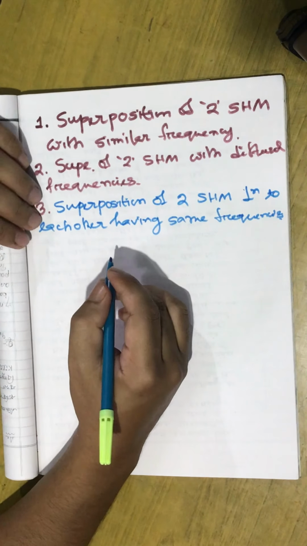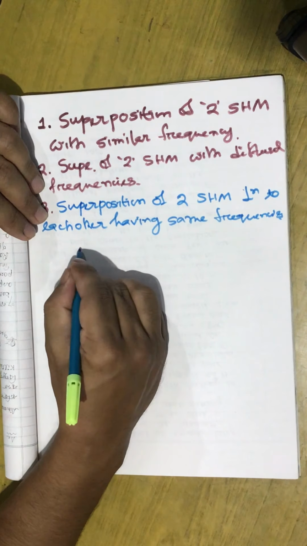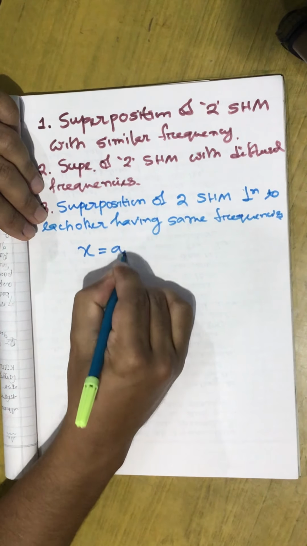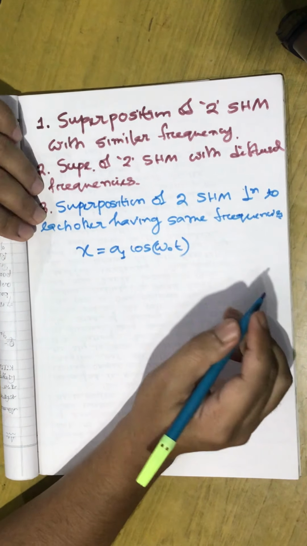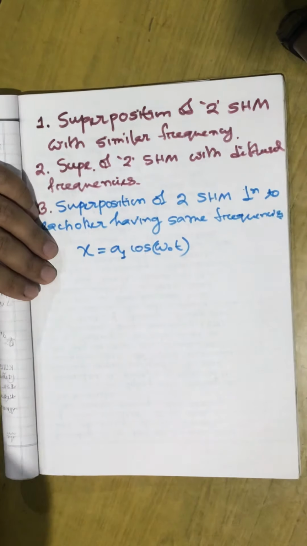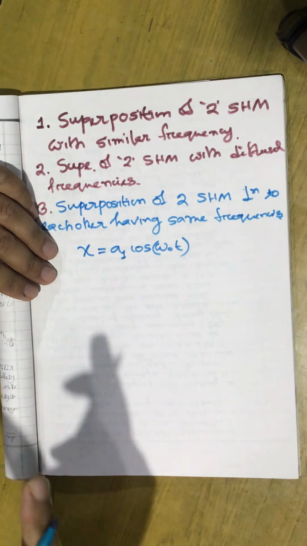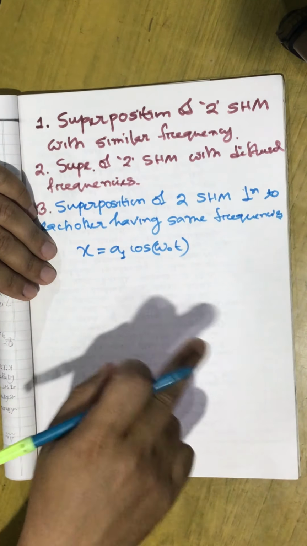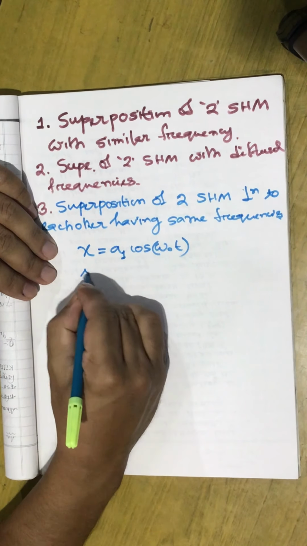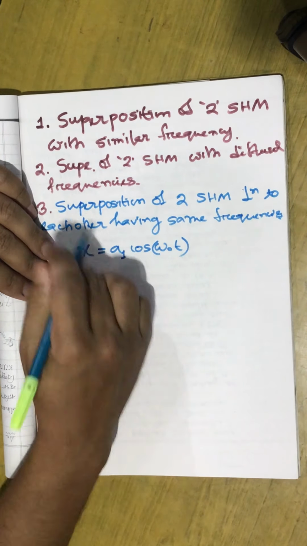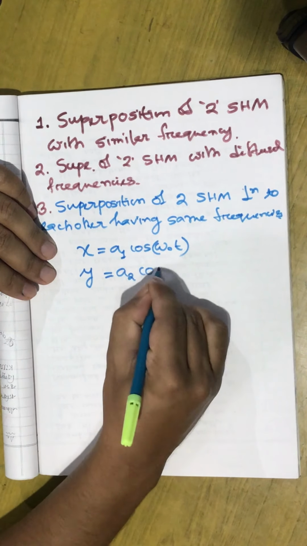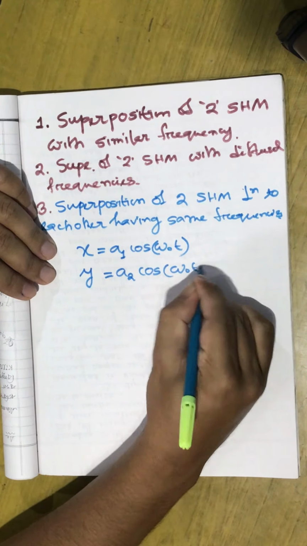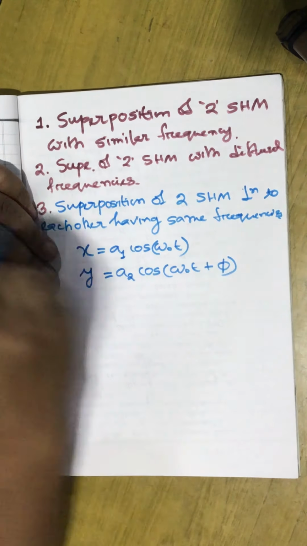So let's consider two simple harmonic motions. x is equal to a1 cos omega naught t. The other simple harmonic motion should be in a direction perpendicular to the x direction, so we can take y is equal to a2 cos of omega naught t plus phi.